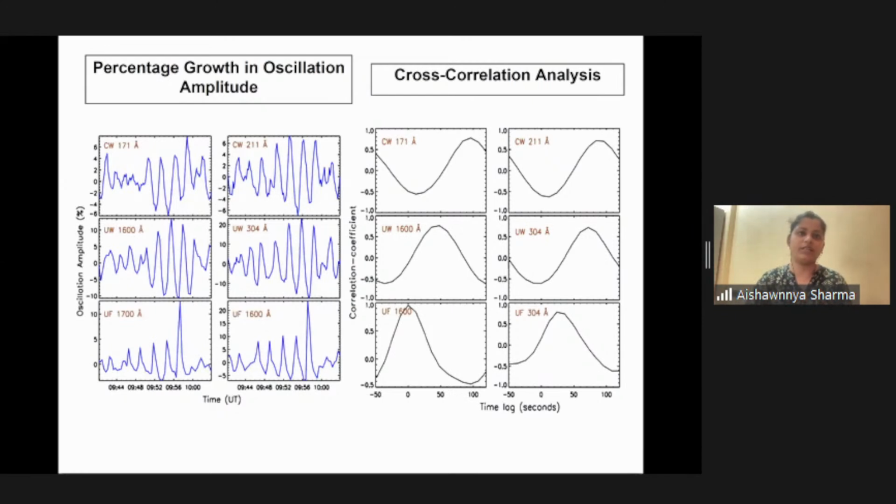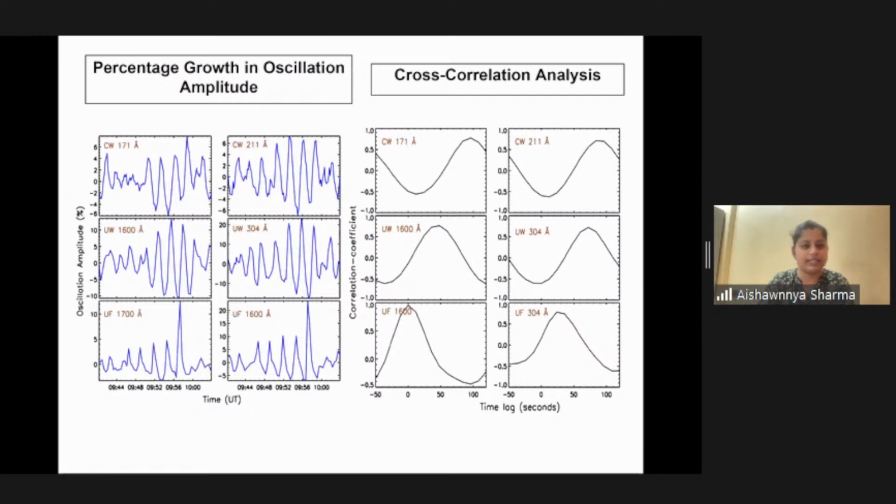This is called percentage growth in oscillation amplitude. Here the bottom panels are for umbral flash, the middle panels are for umbral waves, and the top panels are for coronal waves. The x-axis is the time and the y-axis is the percentage growth in the amplitude of those oscillations.